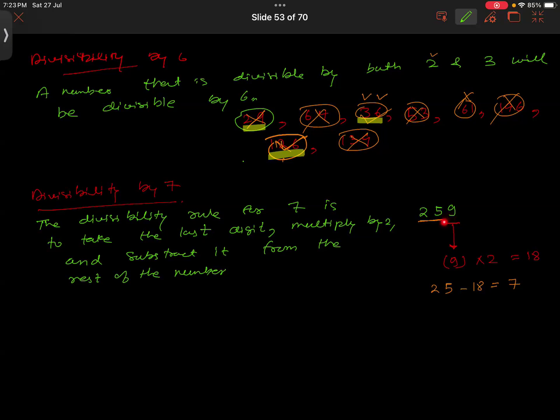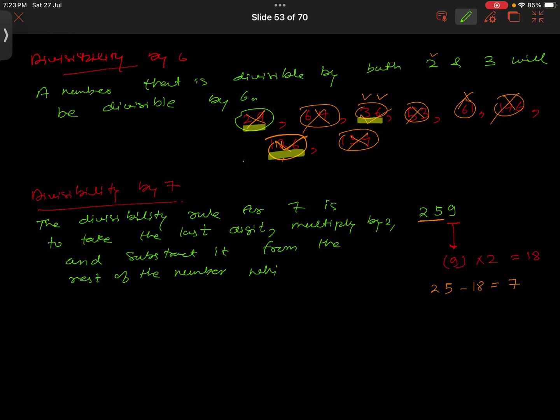I mean to say, you have subtracted 18 from 25, not from 259. Because the last digit you have multiplied with 2, don't do anything further to the last digit once you have multiplied it with 2.